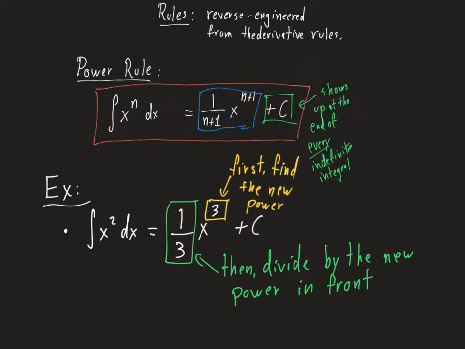All right, so here we were integrating x to the power 2, and so we got x to the power 3 and then divided by 3 in front. And again, don't forget your plus c. That's going to show up in every single indefinite integral problem that we do. Regardless of the rule, that's always going to be there.